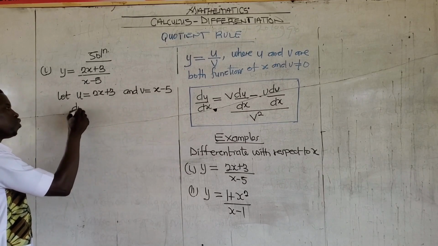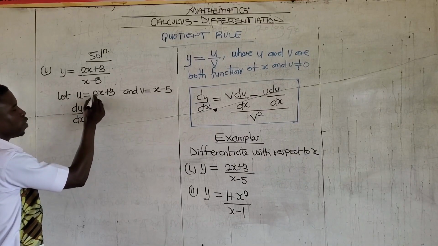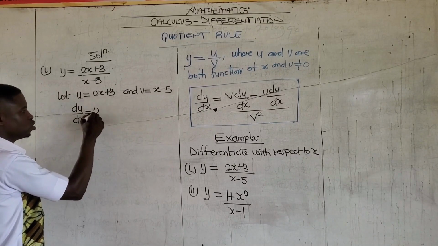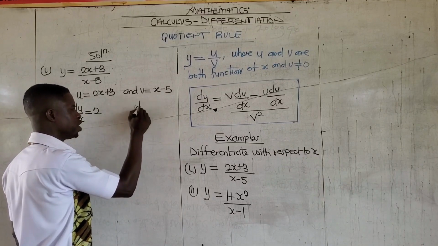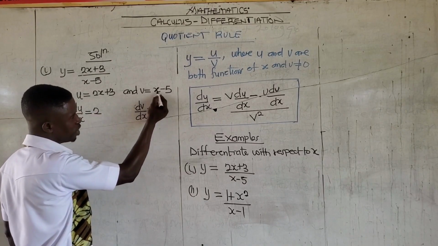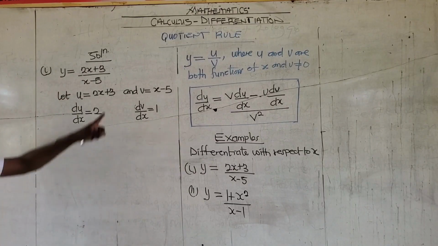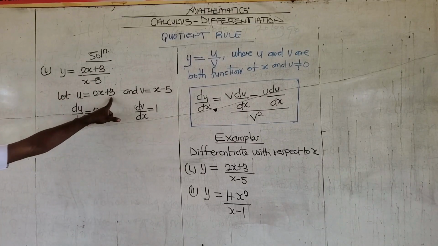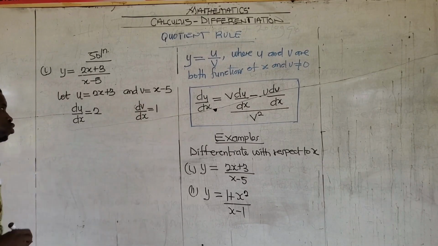So du over dx is equal to, when you differentiate 2x, what do we get? 2. And dv over dx, when you differentiate x, you get 1. Don't forget the derivative of 3 is 0, since it is a constant. The derivative of negative 5 is also 0.